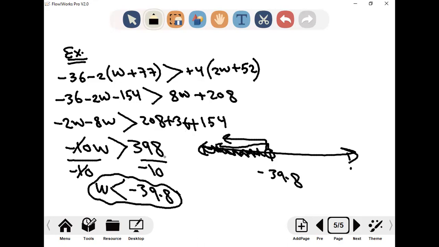Son, it was greater than, but we switch it. Why do we switch it? Because we divide by a negative. But if this negative 10 was positive 10, do we switch? Still the same.